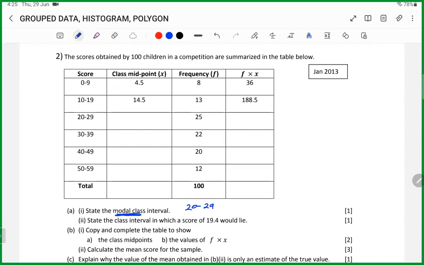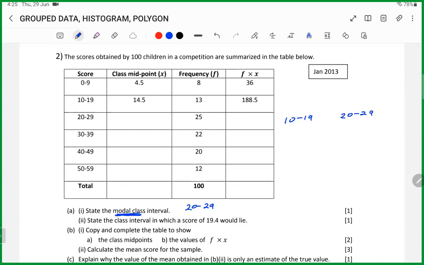Right, modal class. Next, state the class interval in which a score of 19.4 would lie. Now there are two classes that you might be looking at. There's the 10 to 19, and there is the 20 to 29. Now, where does the 19.4 lie?